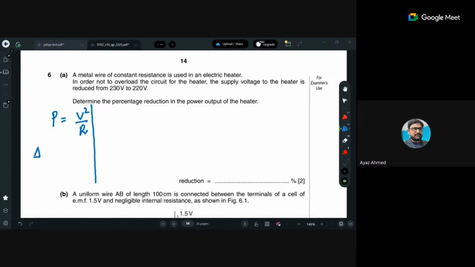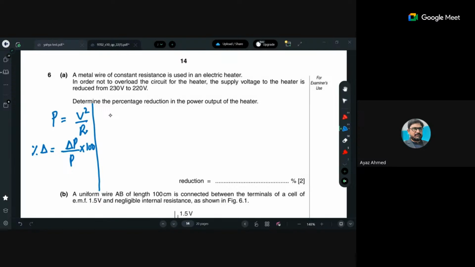The percentage change can be calculated as the change in power divided by the original power. So these are two master formulas. Percentage change is equal to total change divided by original value, that is, change in power divided by original value multiplied by 100. If you know this, you will be able to find percentage change very easily.